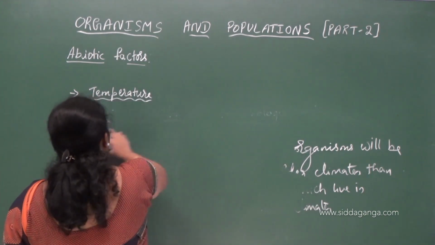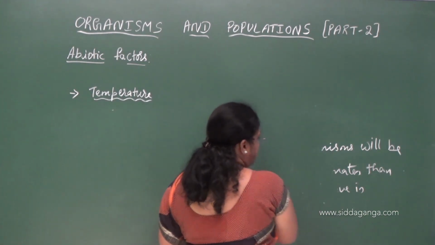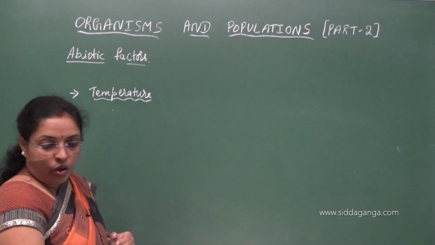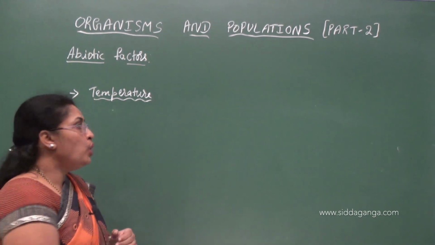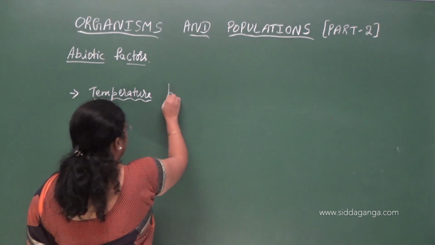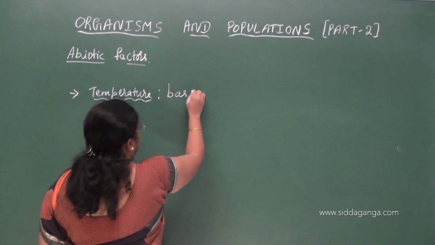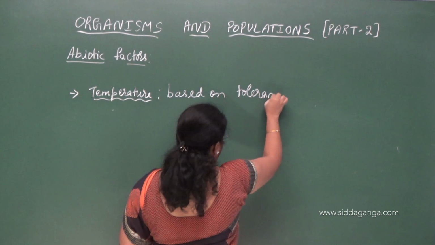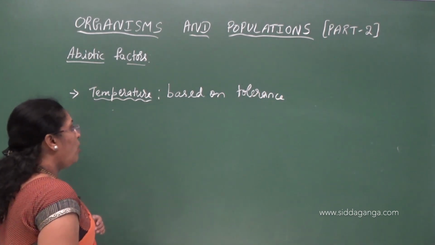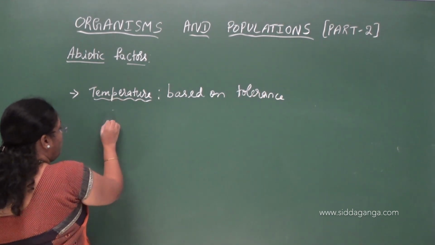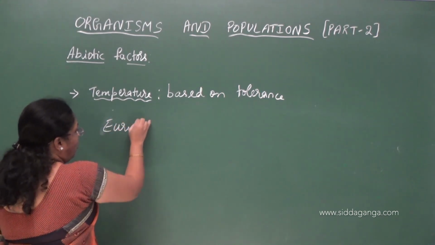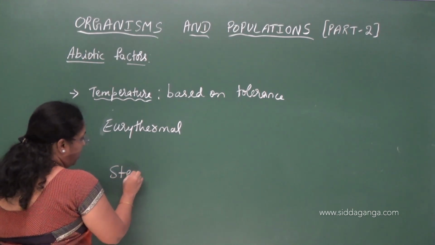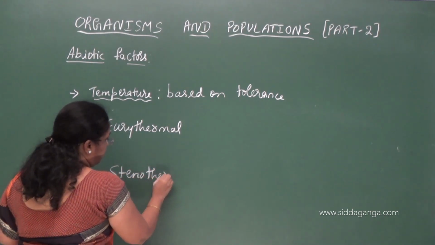Organisms are classified into two types based on their tolerance of temperature: euthermal organisms and stenothermal organisms.